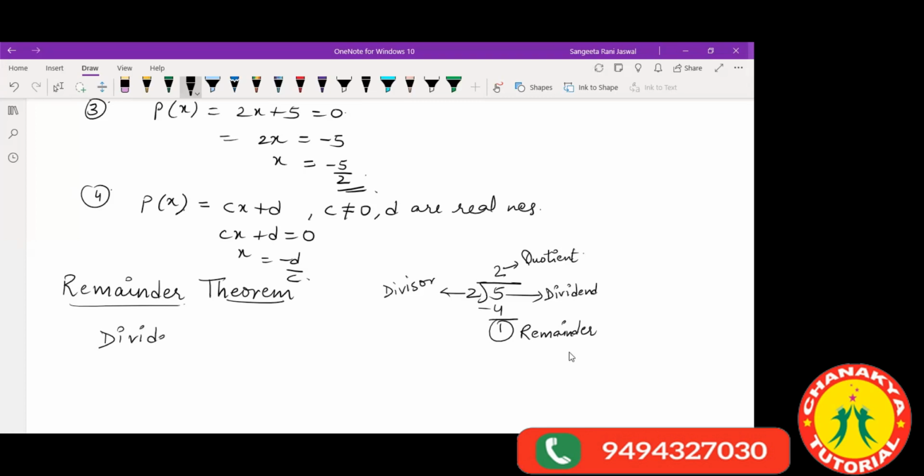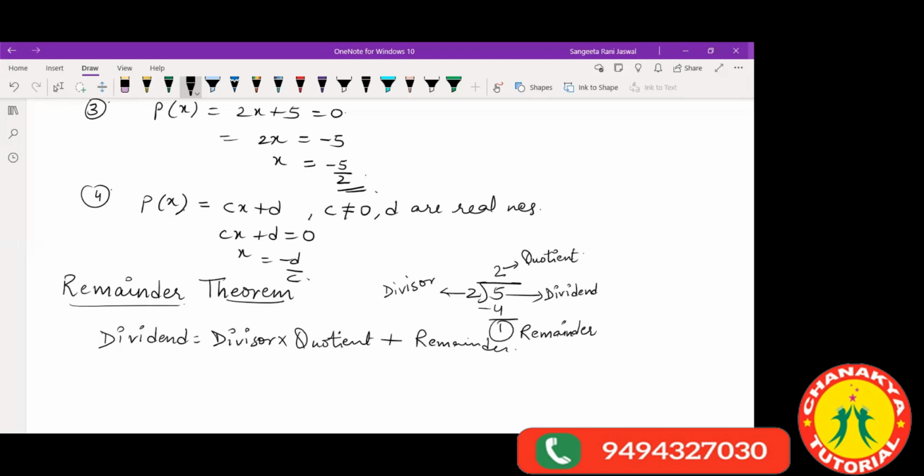So we write here: dividend is equal to divisor into quotient plus remainder. Please remember. Ma'am, you have to write the divisor and quotient in brackets. Why bracket? Sorry, ma'am, it could be left.